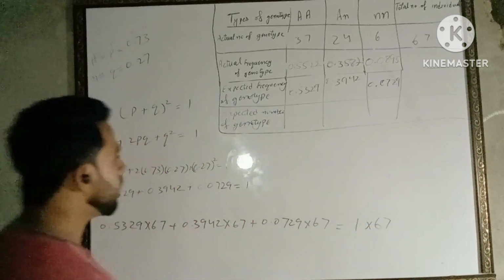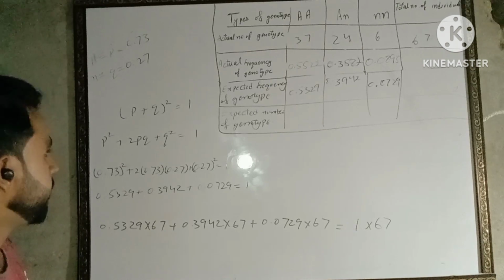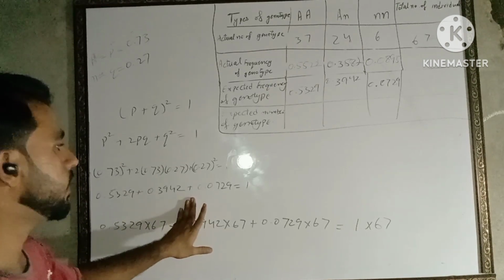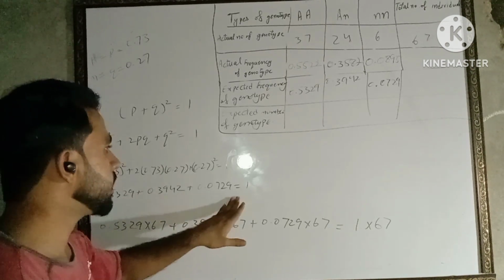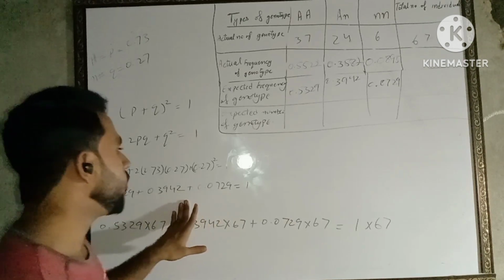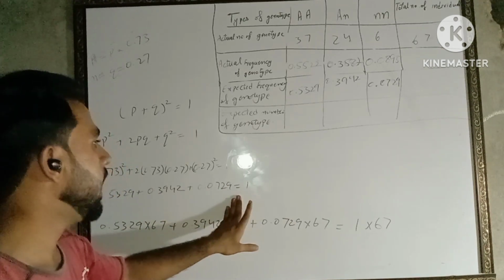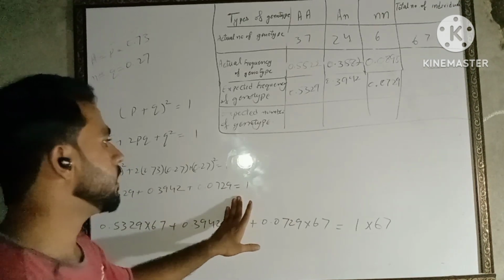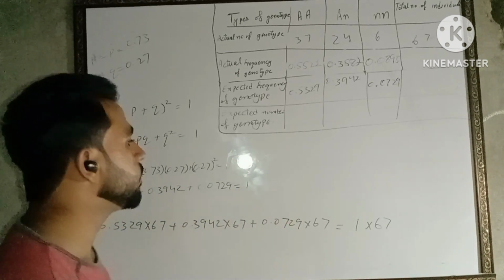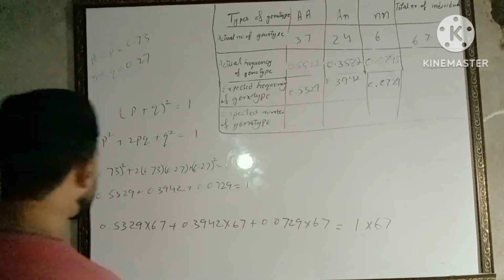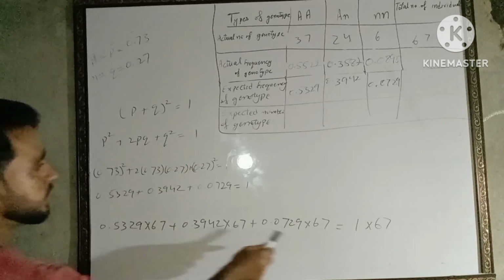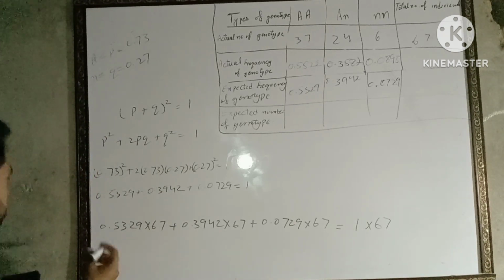Okay, it is a rule that if we multiply one side of an equation by a number, then we have to multiply the other side of the equation by the same number. Now what are the answers of these numbers?